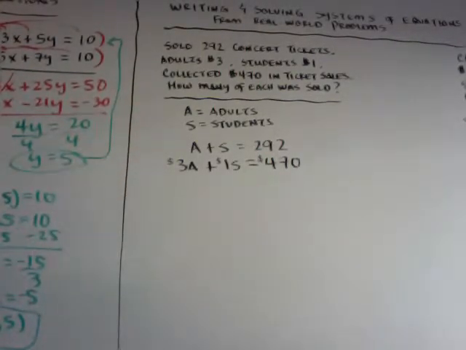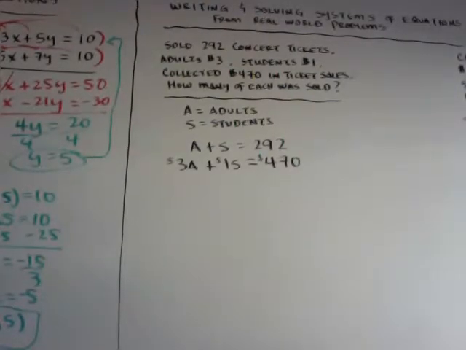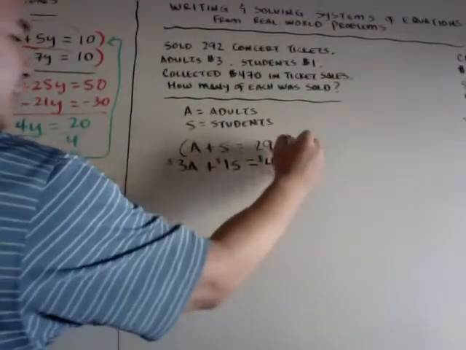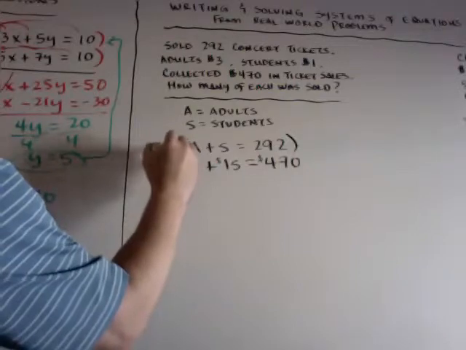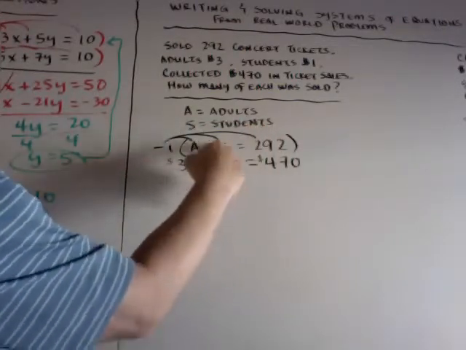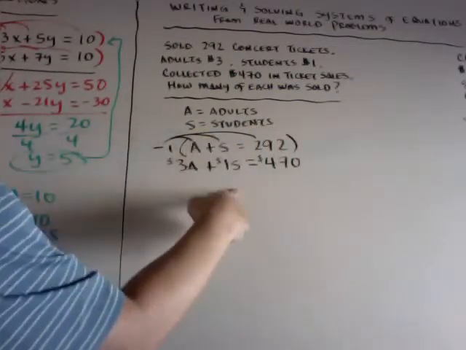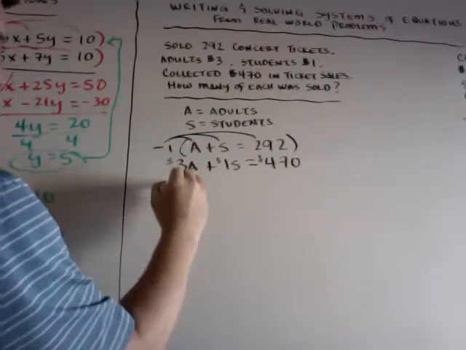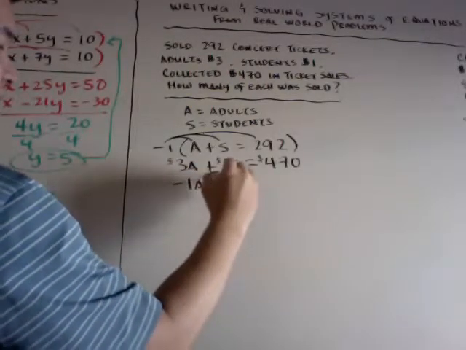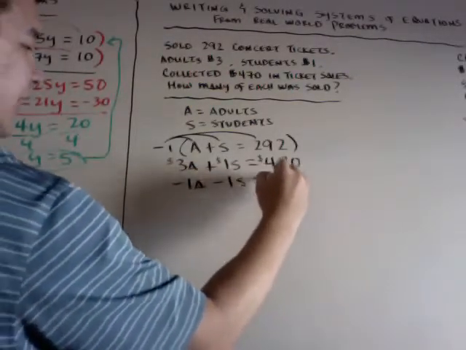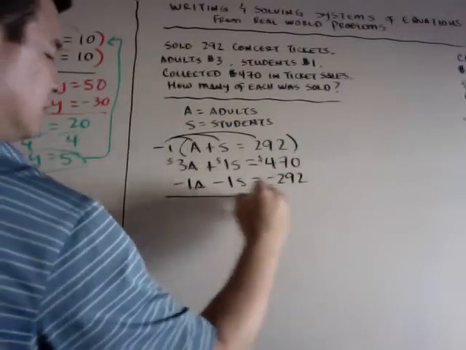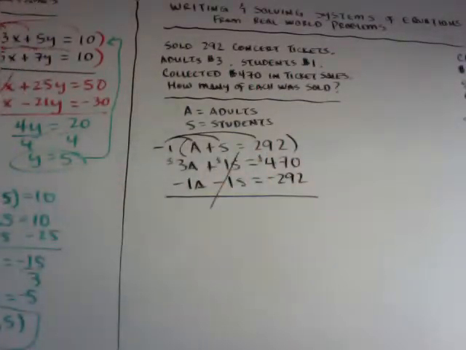Now we need to linear combo them. I can just multiply this by a negative 1 to get rid of the S's, in this case. So I would get negative 1A minus 1S is equal to negative 292. And you can see my S's got eliminated.